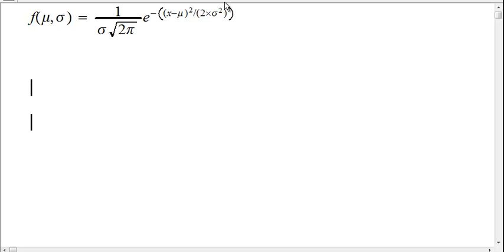Okay, so say for instance we are looking at a normal distribution that has a mean of 90 and a standard deviation of, say, 10. How would it look?